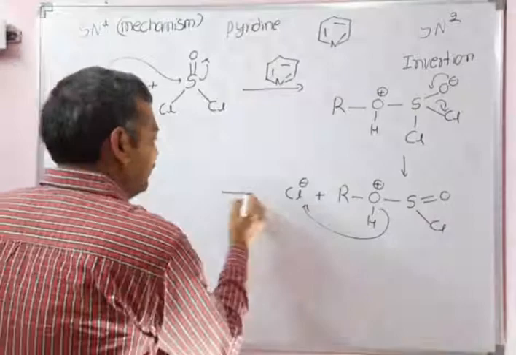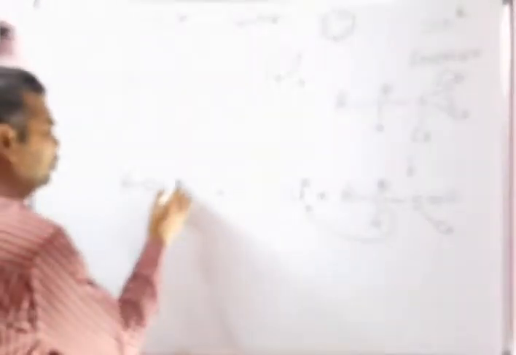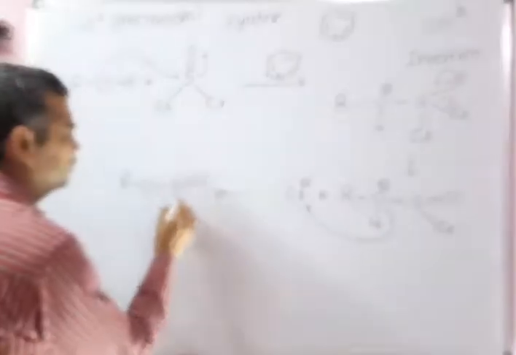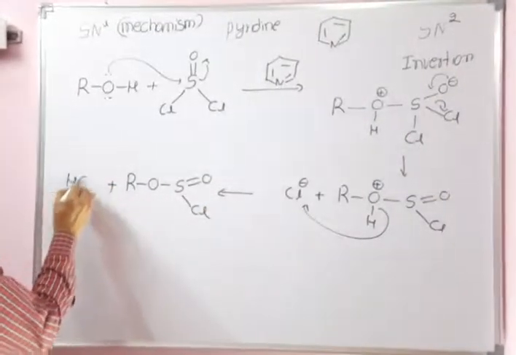So after that, what is happening here? A very important step here, ROSOCl will be formed and hydrochloric acid is formed in the reaction. We have pyridine as a solvent. That pyridine reacts with this HCl to give pyridinium hydrochloride.